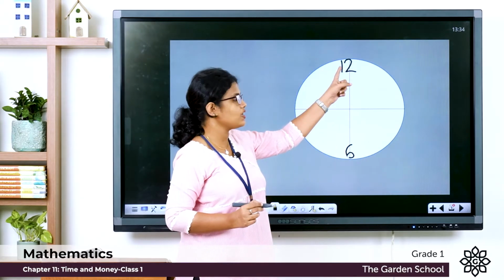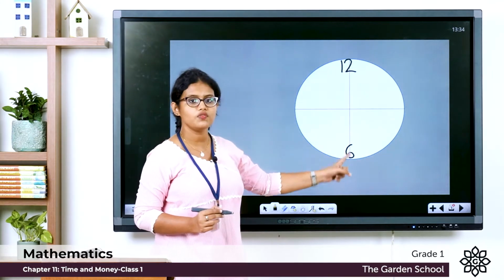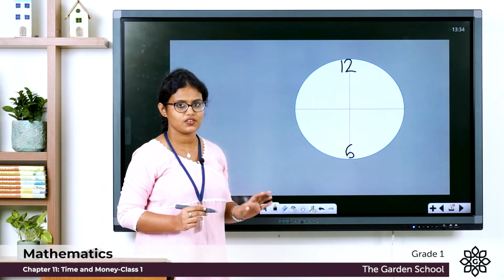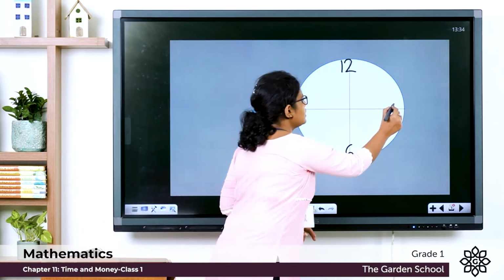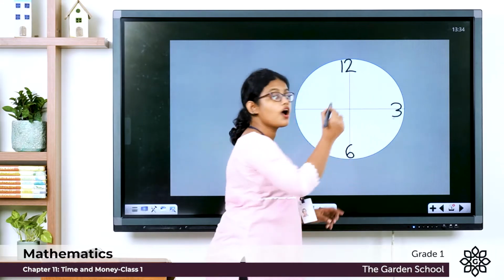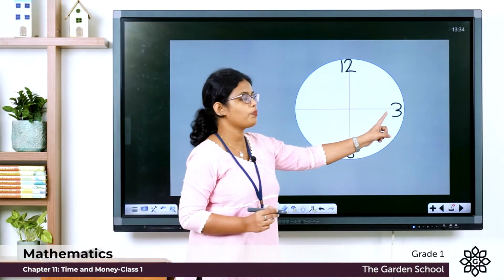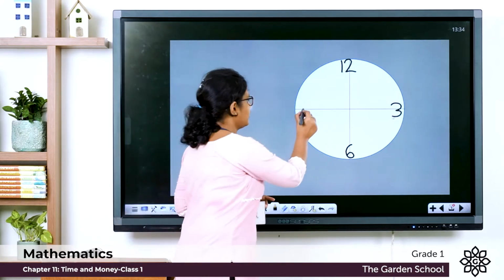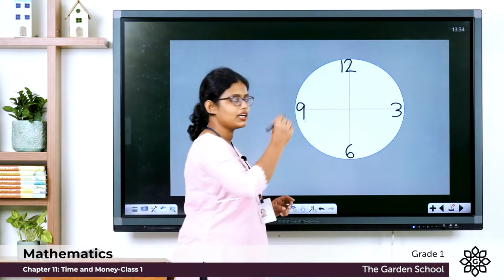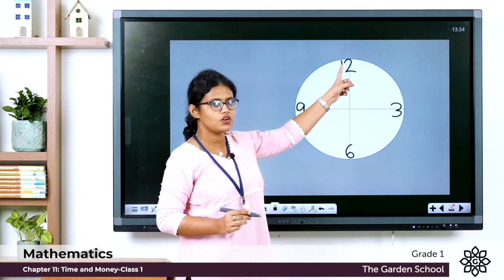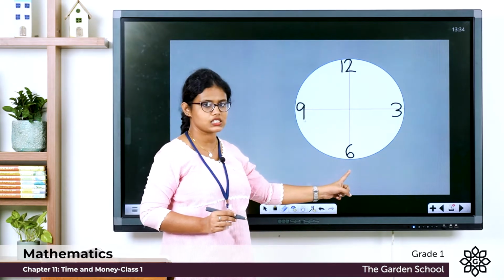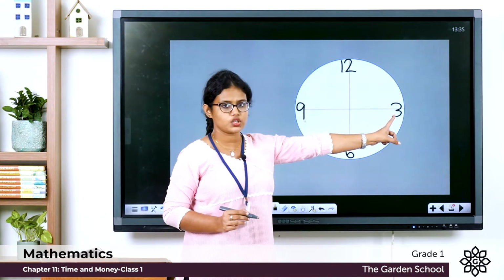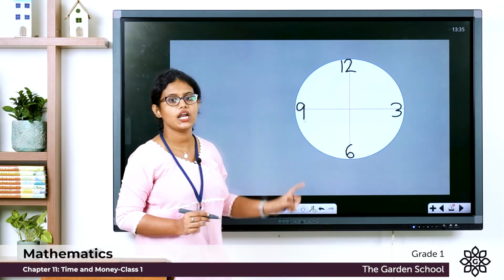Then here, you need to write 3. Then opposite to 3, you need to write 9. So 12, opposite to 12, 6. Then 3, opposite to 3, 9.